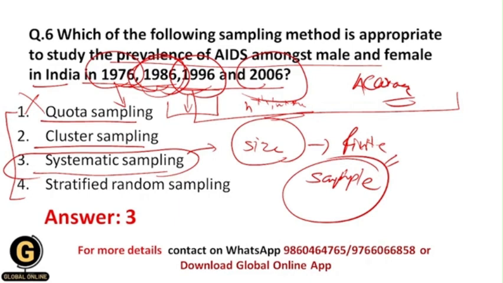But over here the target population is not infinite, it is finite, and this technique as well won't be useful. Within stratified random sampling, the researcher makes subgroups and then randomly selects the samples. This is useful, but it is not the preferred sampling technique, because systematic sampling will be more preferred than stratified random sampling. So this again gets eliminated. That's why your correct answer should be 3, which is systematic sampling.